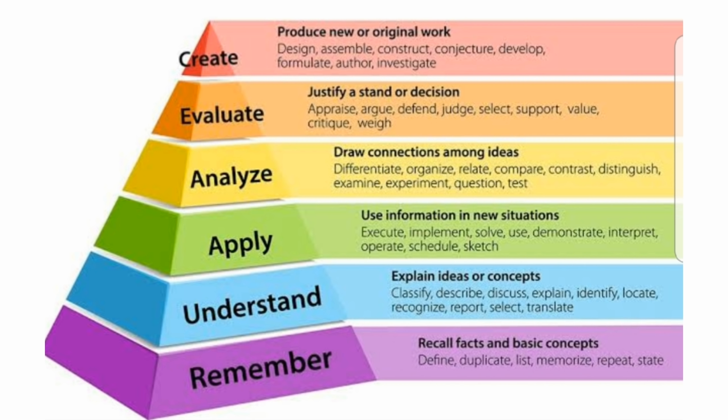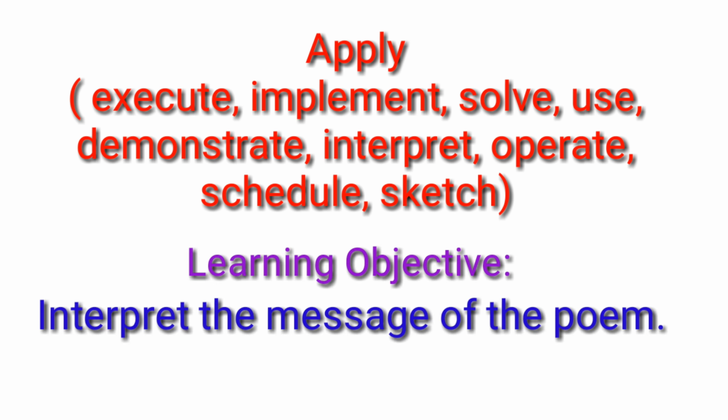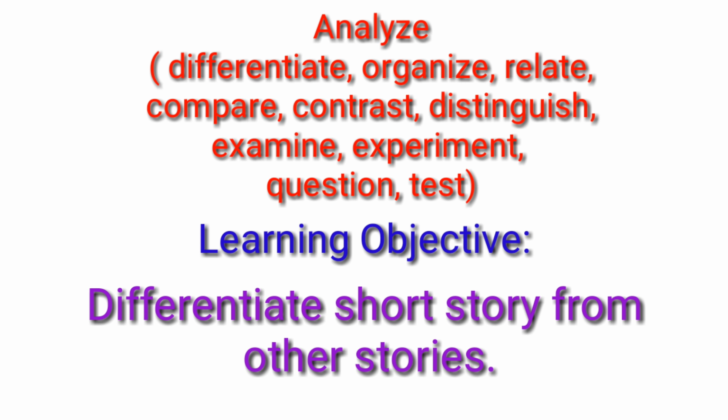After the students learn how to remember and to understand, the next skill is to apply. Ang pinili ko ay interpret. So, I have here the learning objective. Interpret the message of the poem. So, here is your target skill. Dito hinto na tayo. Hanggang dito lang tayo sa analyze.